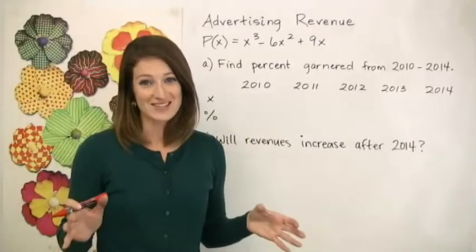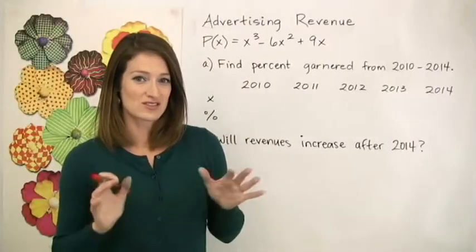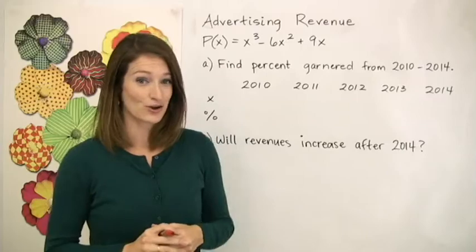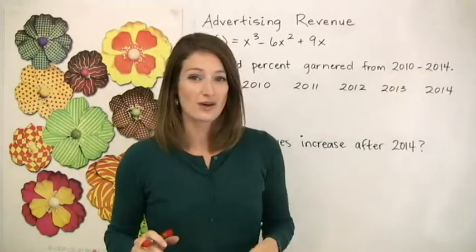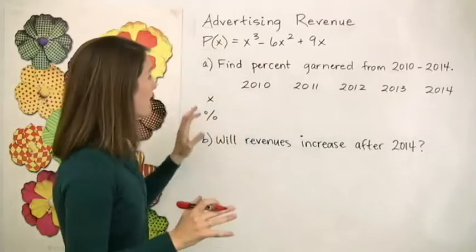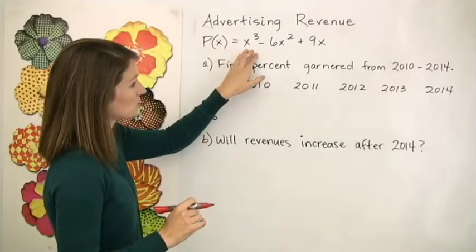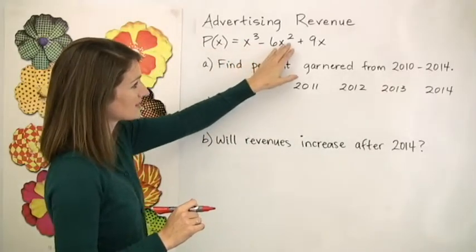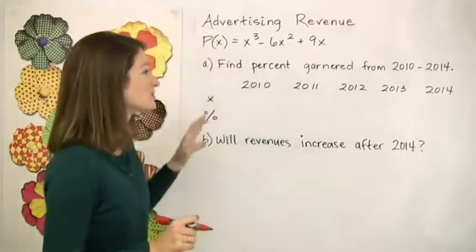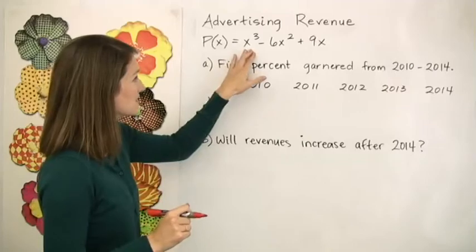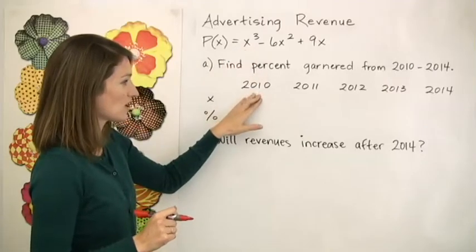Okay, suppose you're asked to find the percent of revenues that a certain social networking site garners from the years 2010 upwards to 2014. And that percent is given by the function x cubed minus 6x squared plus 9x. So the first thing that we need to do is let's fill in a table where x is the number of years since 2010.